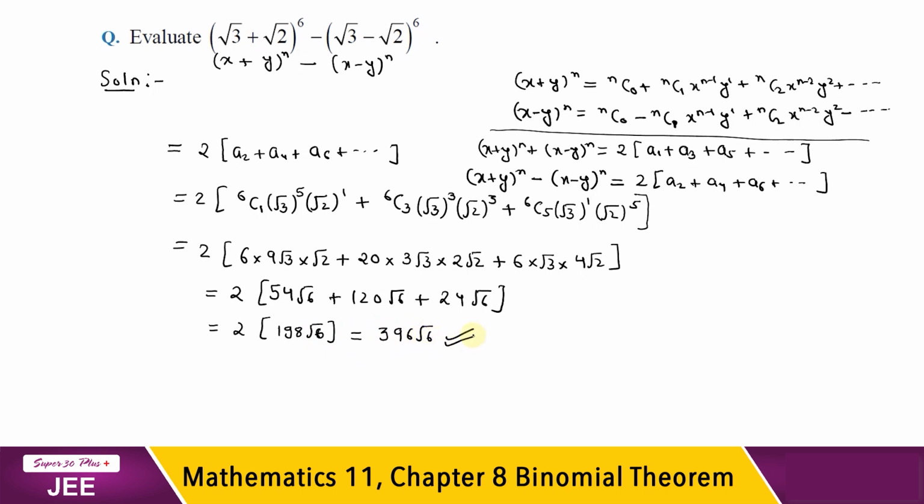Alright, so this is the value of (root 3 plus root 2) to the power 6 minus (root 3 minus root 2) whole raised to the power 6. This is the final answer. So if you memorize this theory, or if you keep in mind this much theory, it is going to help you in many questions that are asked in JEE.